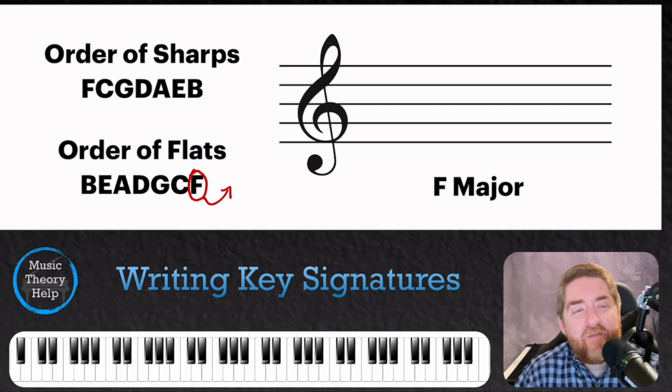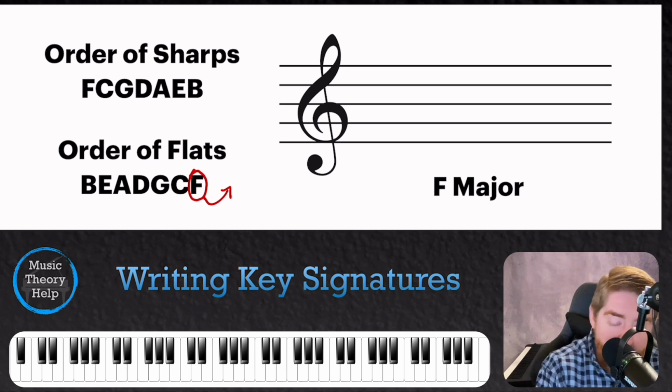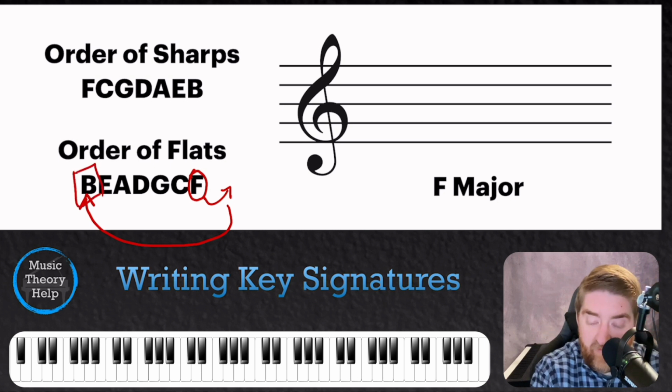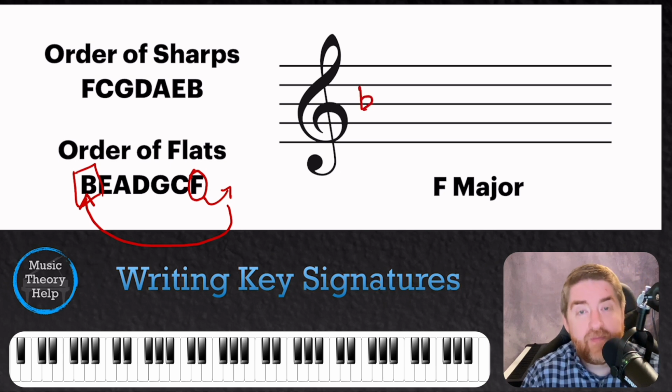F flat is the last flat in the order. We have to go back to the beginning and B flat. F major just has one flat, and it's B flat. The exception to the rule, there is no second to last flat when we just have one flat. F major, one flat, and it's B flat.